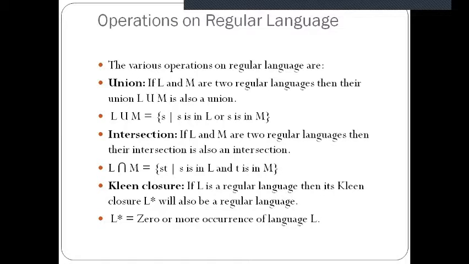If L is a regular language, then its Kleene closure, that is L star, will be a regular language. We have discussed already that star means zero or more occurrences of the language L. And we have one more term, positive closure, that is L plus, which is one or more occurrences of the language L.